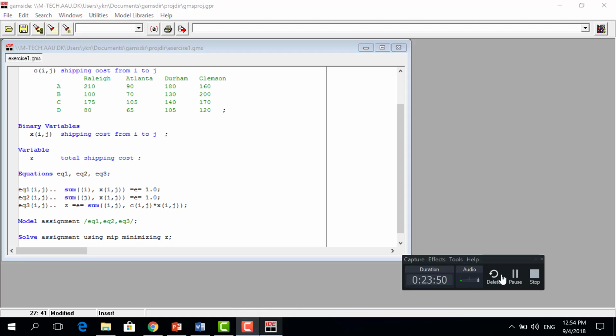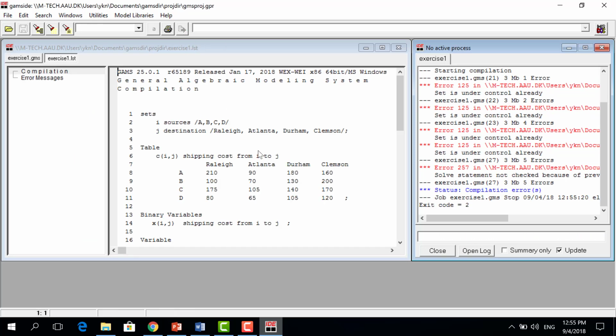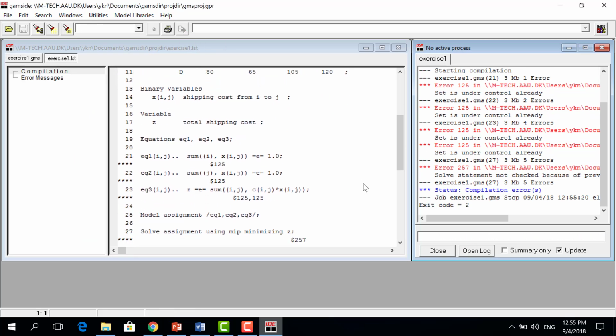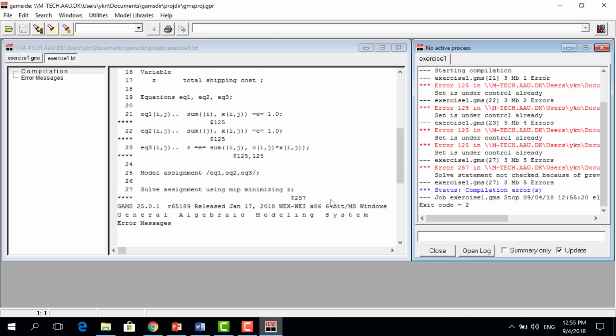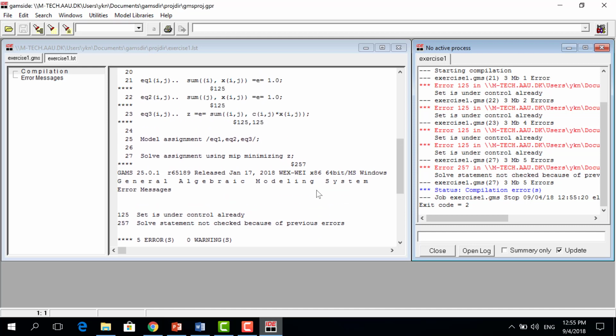Okay, that's all for our model. Now we can start running the model, and then what happened? Oh, sorry, we have some error. What are the errors? Now we have $125. Let's see what the meaning of $125 is.